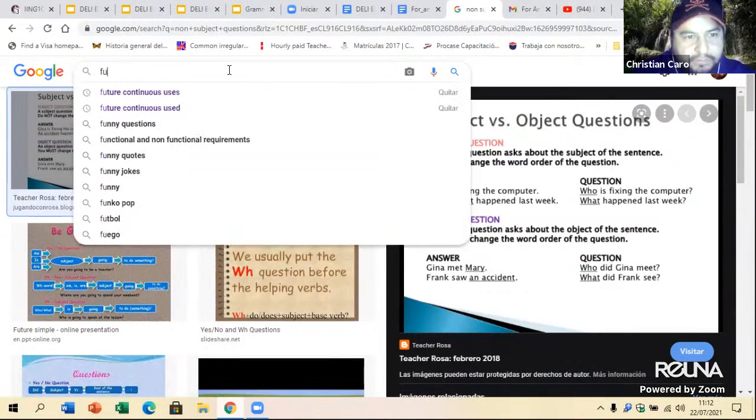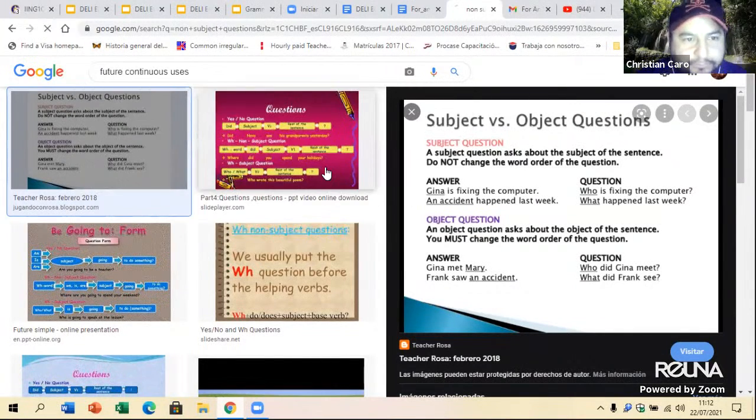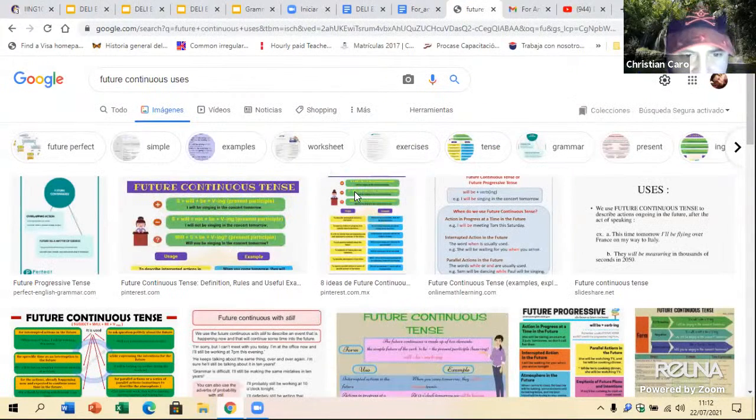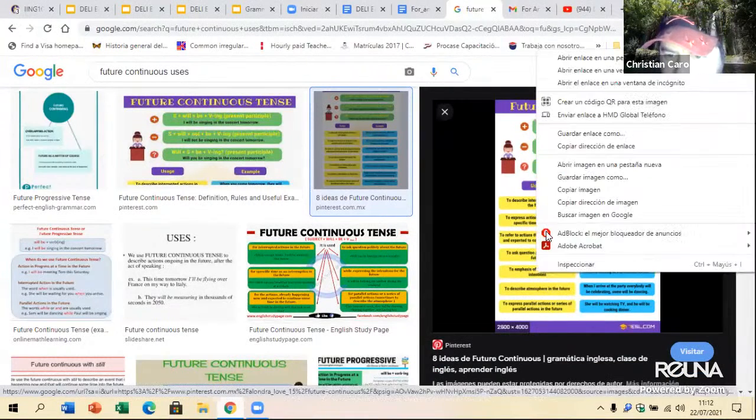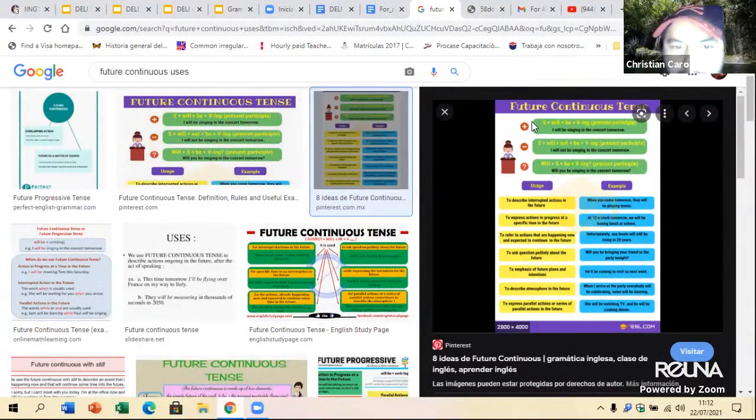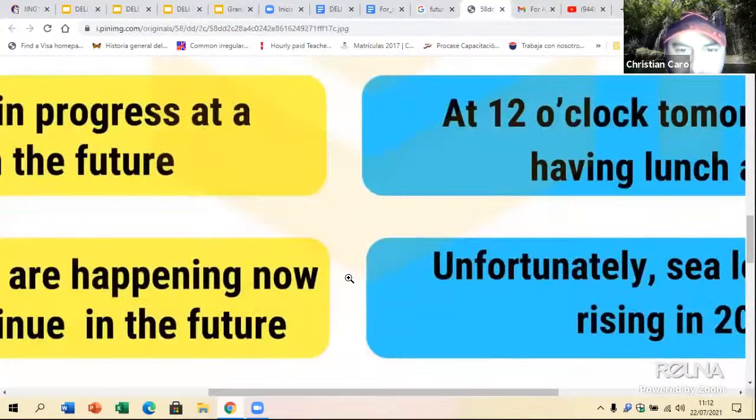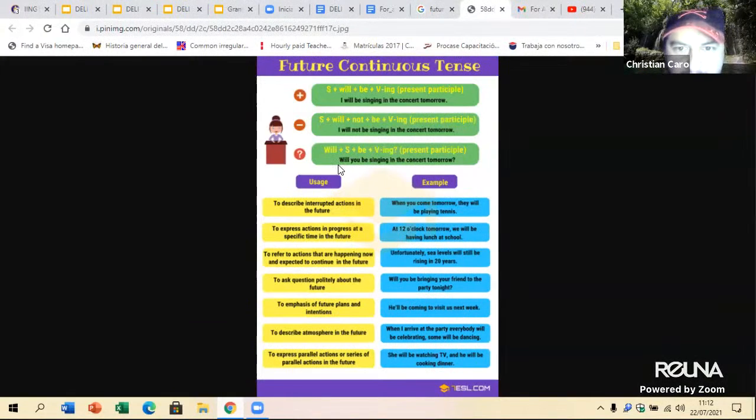Yo sé que Future Continuous no está en las presentations, así como clearly stated. Aquí está. Ya.